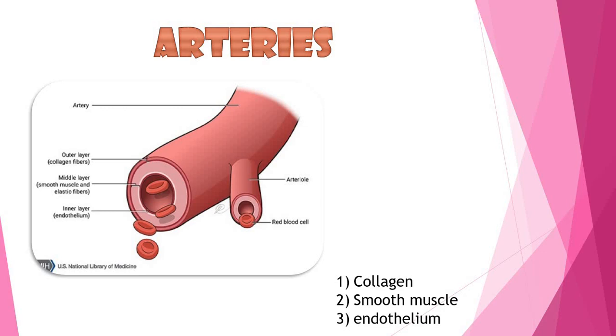The endothelium, which is the inner layer, is a smooth layer to make blood flow easily. The endothelium and the inner layer allow the blood to flow easily because it's very smooth.